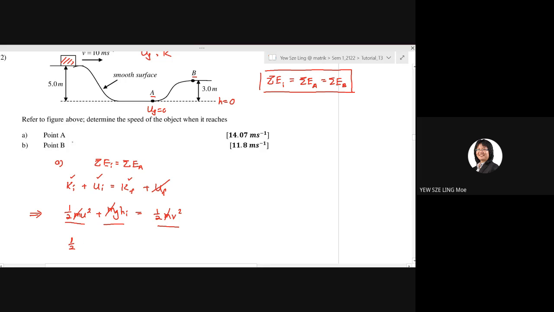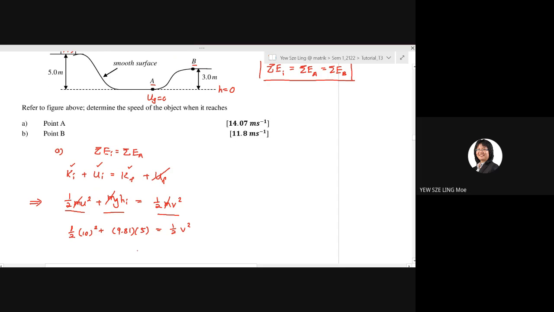So 1/2 u squared, which is 10 squared, plus 9.81 times the initial height of 5 meters, equals 1/2 v squared. From here, you obtain v equals 14.07 m s^-1. So that is for point A.